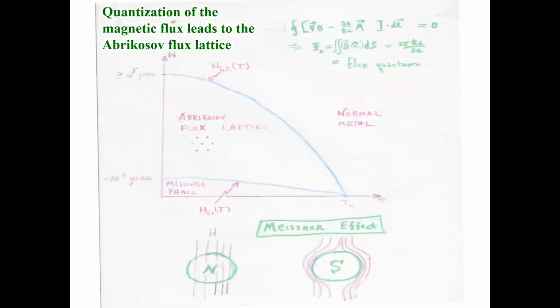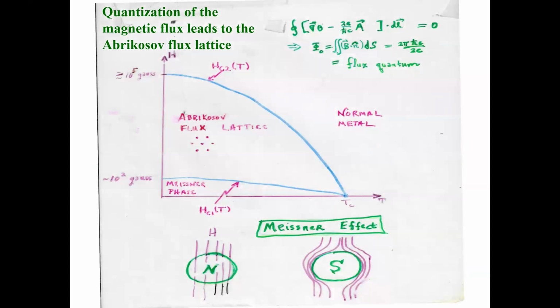Let's talk about superconductivity. And this is the beautiful PhD thesis of Alexei Abrikosov in the early 1950s. He took Ginzburg-Landau theory of superconductivity. I'll remind you what that is, or tell you what that is in a minute.